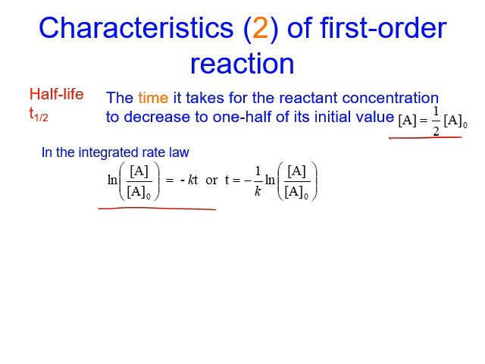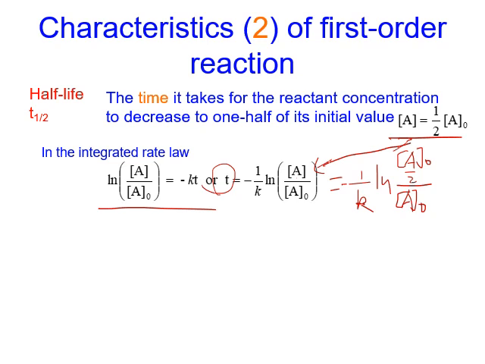Modify this equation so that we can calculate the time if we know the concentration. When the concentration becomes half of the initial concentration, we have t equals negative 1 over k times ln of half of the initial concentration divided by the initial concentration.